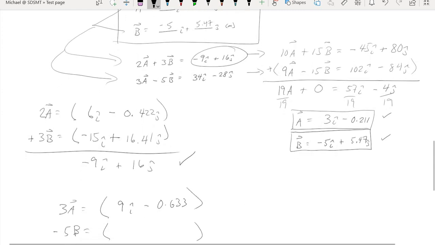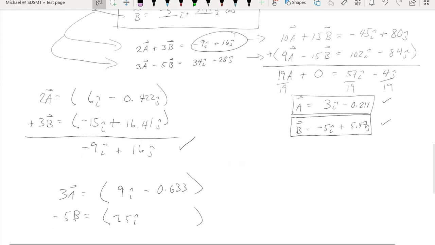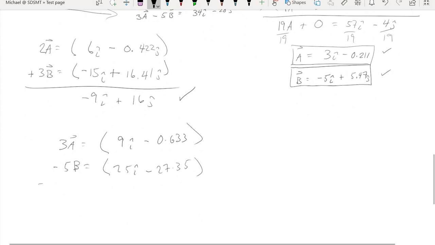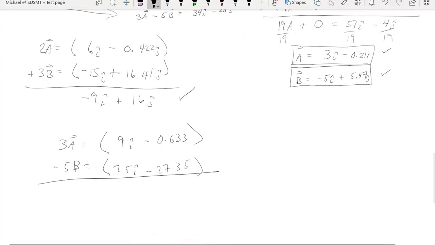So negative 5 times negative 5 is 25. And then I need negative 5 times 5.47, which will be negative 27.35. And so everything can now be combined.